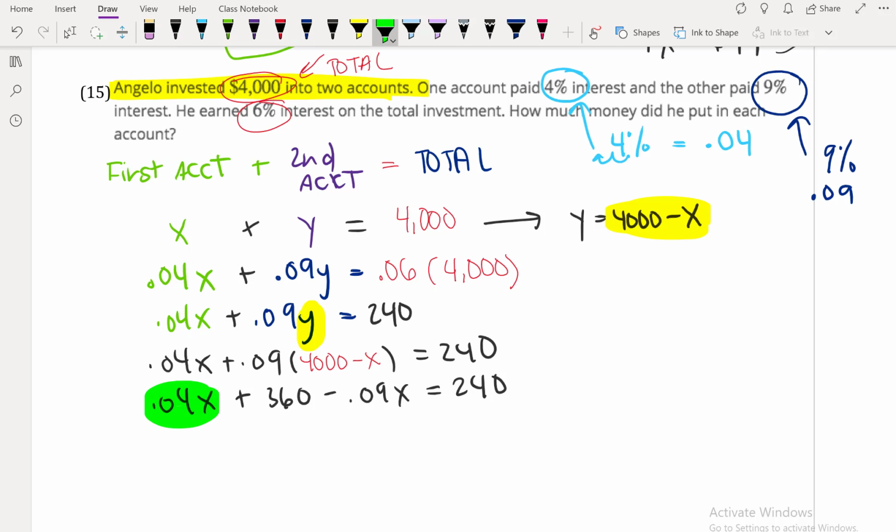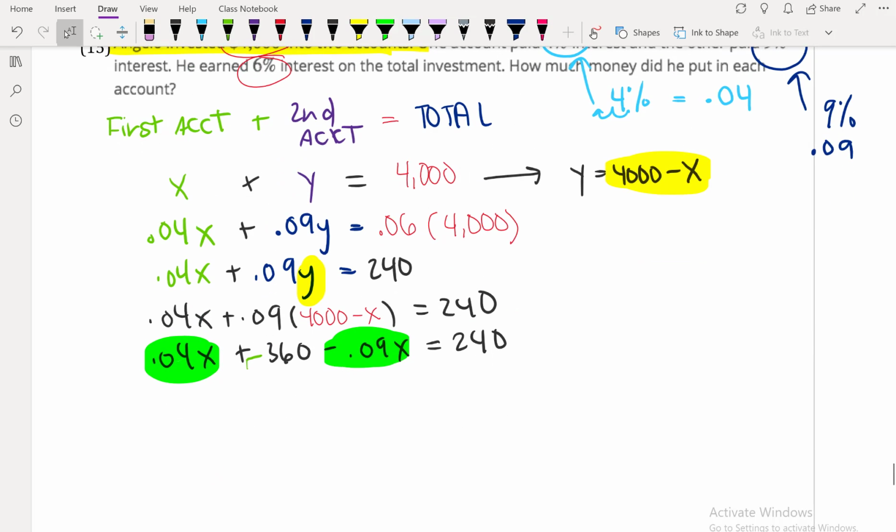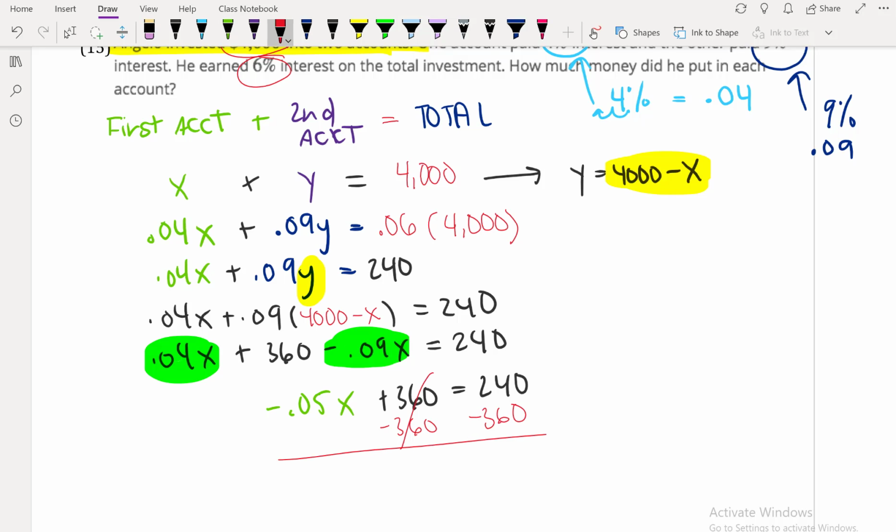Now what I can do is combine my x's together. So I have 0.04x minus 0.09x, which is going to give me a negative 0.05x. And I still have my 360 and 240. So I'm going to go ahead and subtract 360 from both sides.